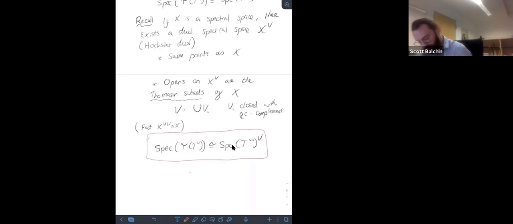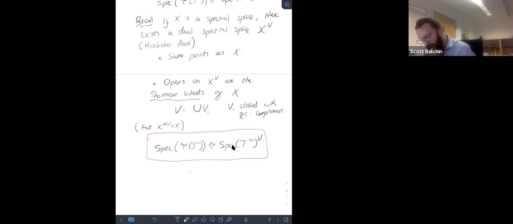So completely using this pointless topology, they managed to recook up Balmer's spectrum. And what's more, they retrieved Balmer's classification result. For those of you who don't know, Balmer said that if you take the Balmer spectrum and look at the Thomason subsets, this is exactly the thick tensor ideals.